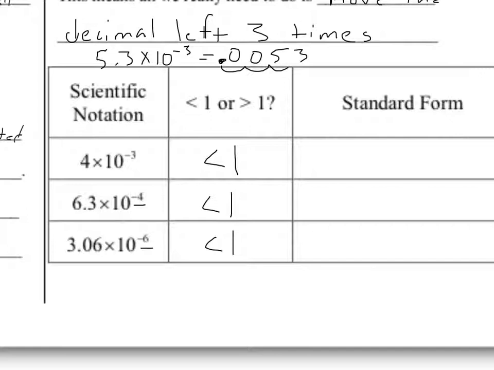And so I start with 4, thinking about it as like 4.0, my decimal's over here on the right. Make sure you get that decimal place value correct on those whole numbers because that starting point is where people usually mess this up. And so I have times 10 to the negative third, which means I'm multiplying by 1/10 3 times. What do I need to do to get this in standard form?